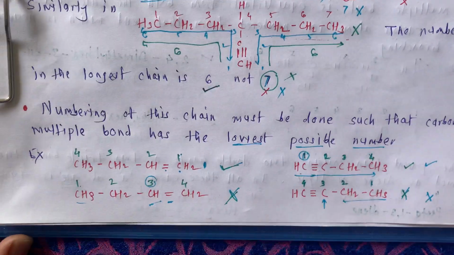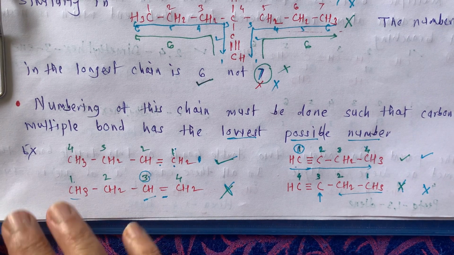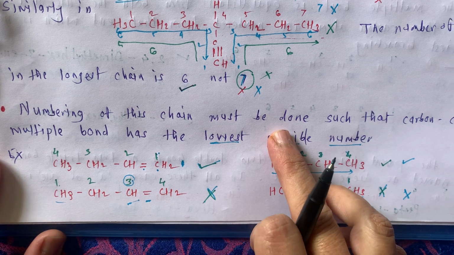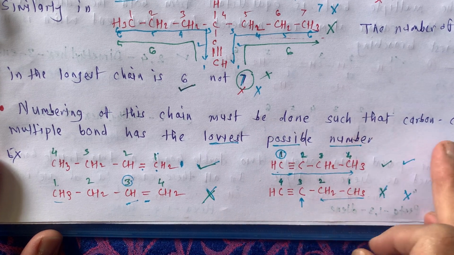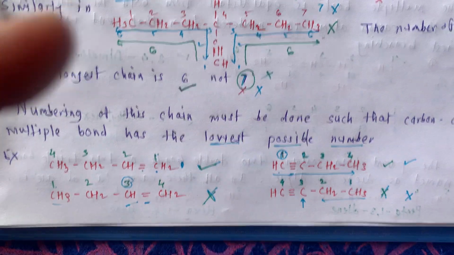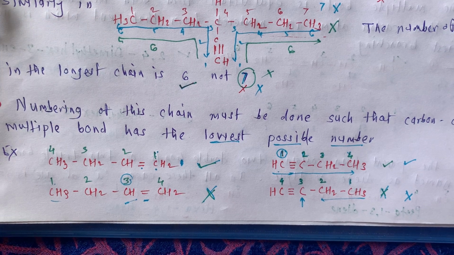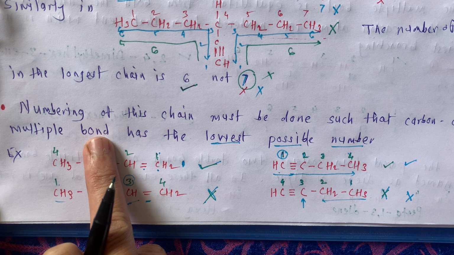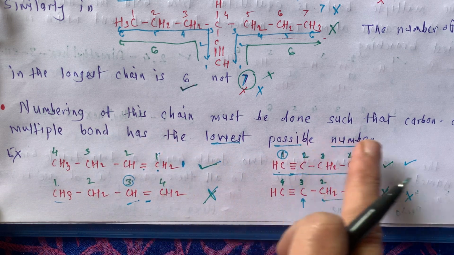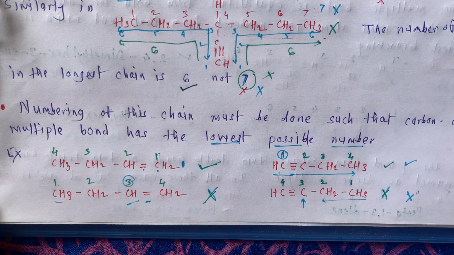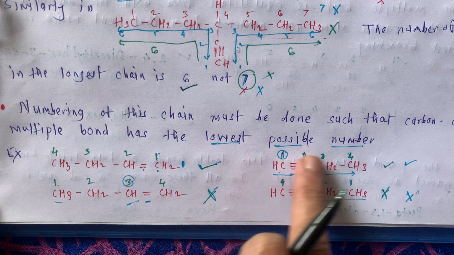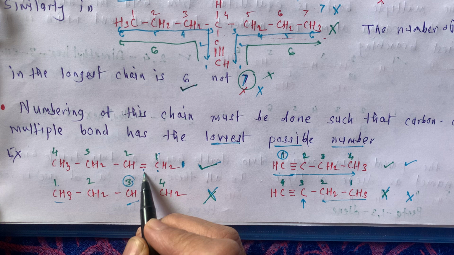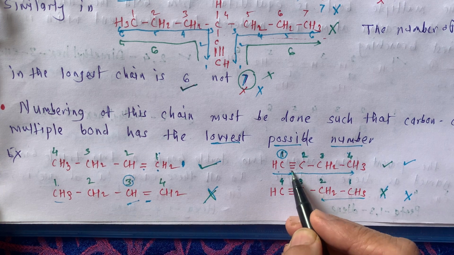Now what is the next rule? The next rule is that numbering of this chain must be done such that the carbon-carbon multiple bond has the lowest possible number. Has the lowest possible number means what? See here, this is the chain, here it is a double bond; this is the chain, here it is a triple bond.